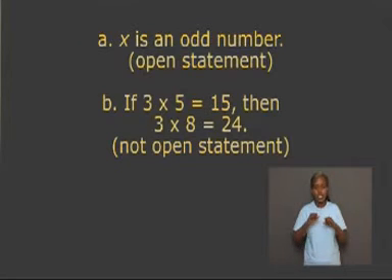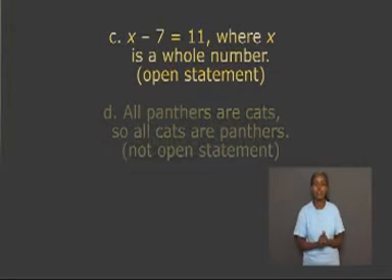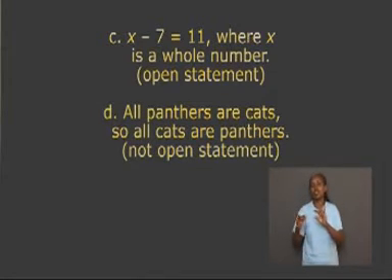It has an established truth value of t. The third statement is open. x is the variable and is a whole number is the property to be satisfied. The fourth statement is not open. It has an established truth value of f. All cats are not panthers. Were those your answers? Well done, students.